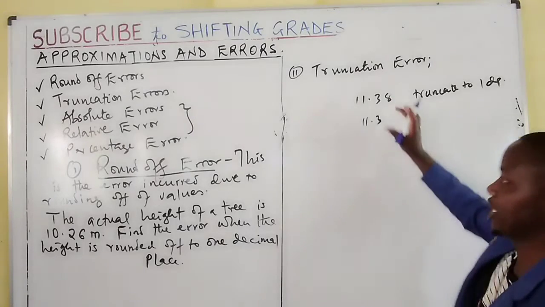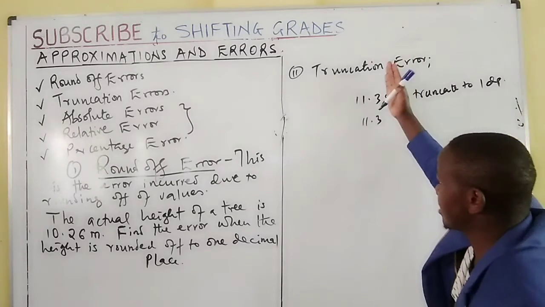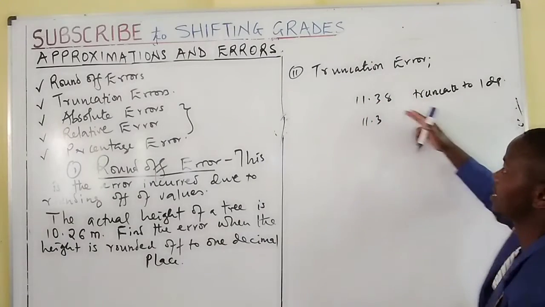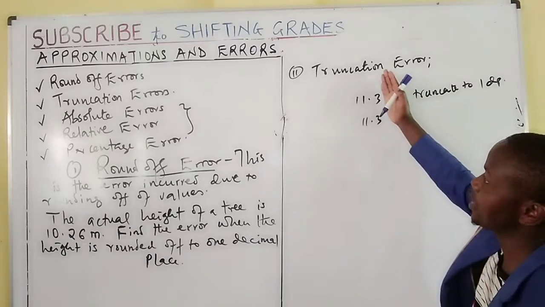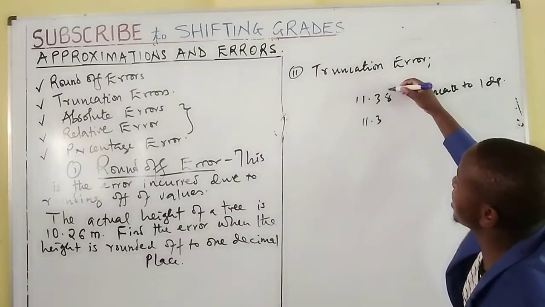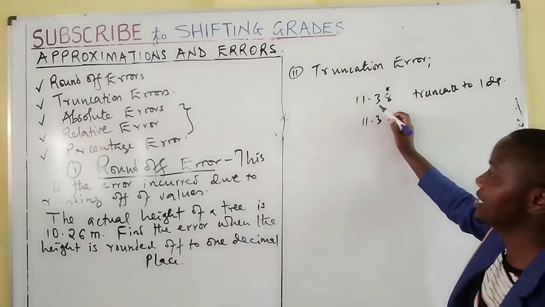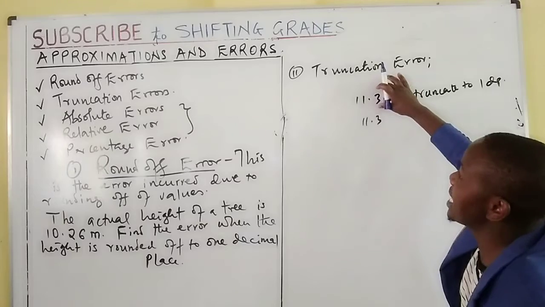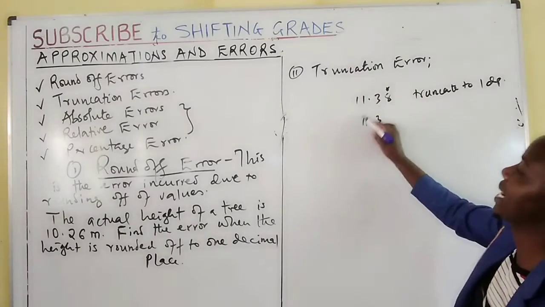So on truncation, we just cut. If it's 11.38 and we are truncating to 1 decimal place, we just write the value the way it is, without considering whether the 8 can increase this 3 to a 4 or not. We don't consider it. We just write 11.3. So this is what we call truncating.